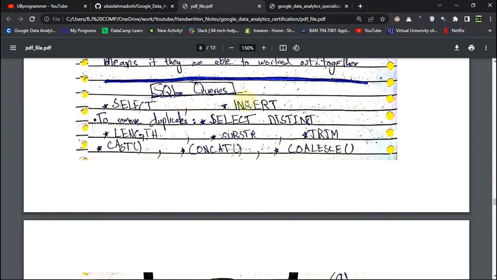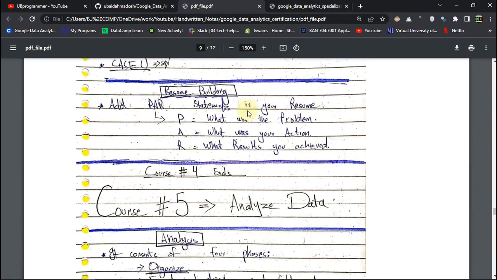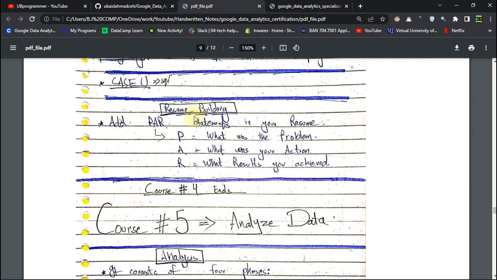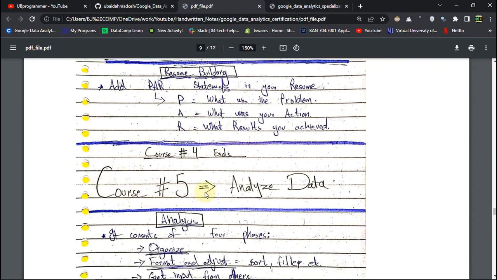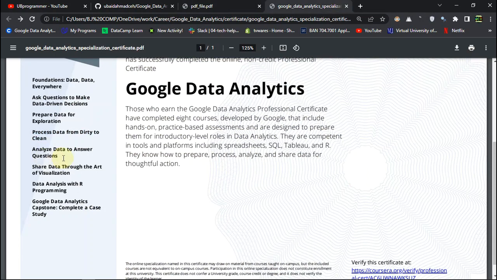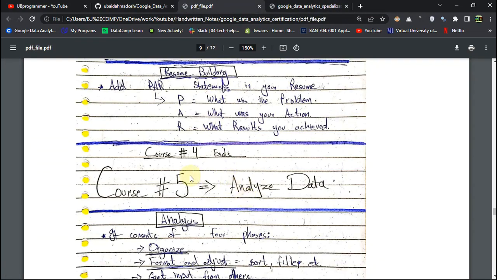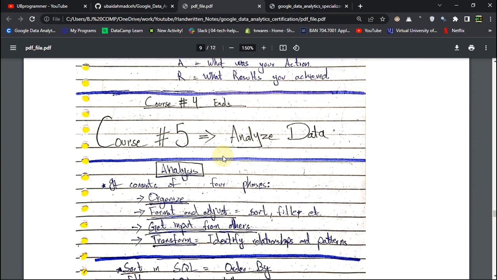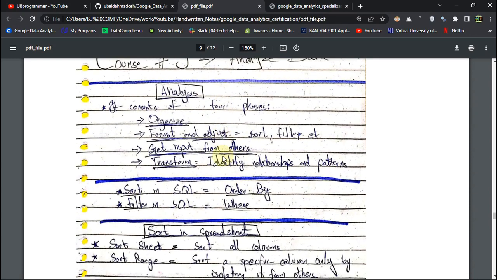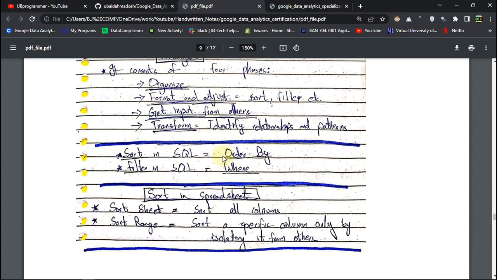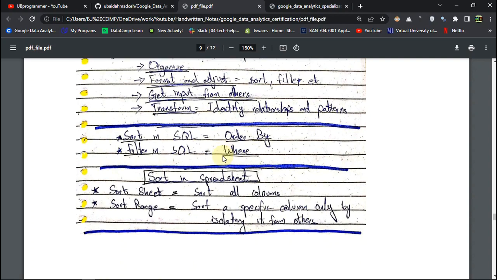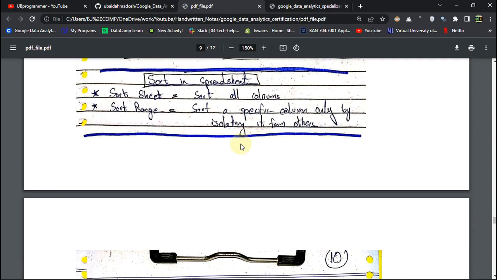Then again some queries, and then again some concepts about the resume building, which is really cool. Then you have course 5, which is analyze data, and in the analysis they start to visualize and get the statistical information about the data in the spreadsheet.